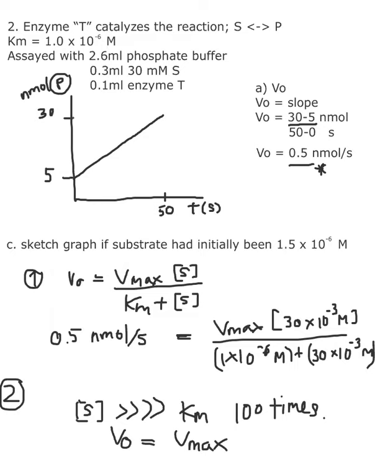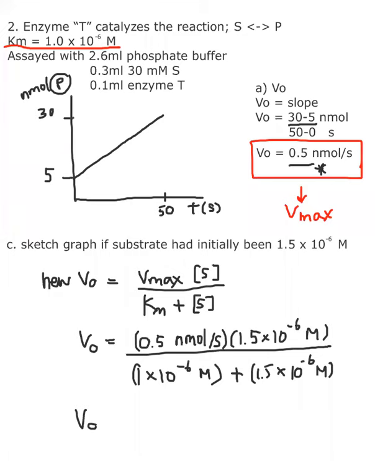That means our 0.5 nanomole per second here is actually Vmax. So we can use this Vmax value and the Km value from here and calculate the new velocity for the new concentration of the substrate.